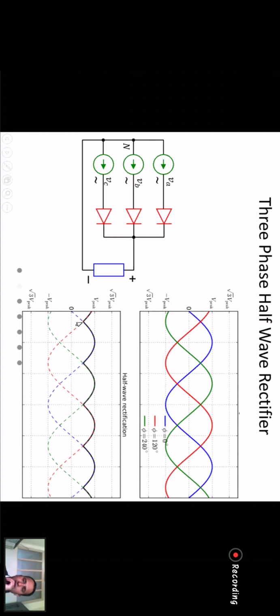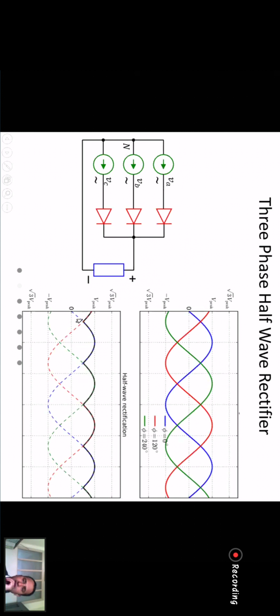D1 will conduct between omega t equals 30 and omega t equals 150 degrees, as the diode senses the most positive voltage, VA, compared to the other diodes during this interval. So D1 will conduct from 30 to 150 degrees. D1 is conducting at this point.